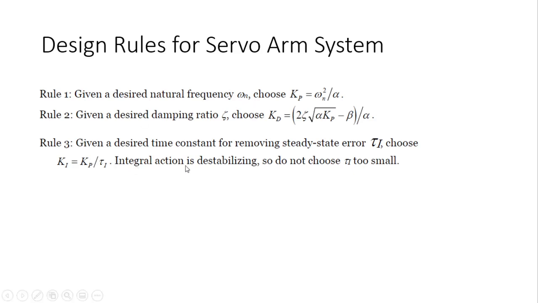So integral action is destabilizing. That means if you can help it, you don't want to use a big value of ki in order to remove the steady state error quickly. If you choose tau to be too small, your ki will be big, and that tends to make the system unstable.